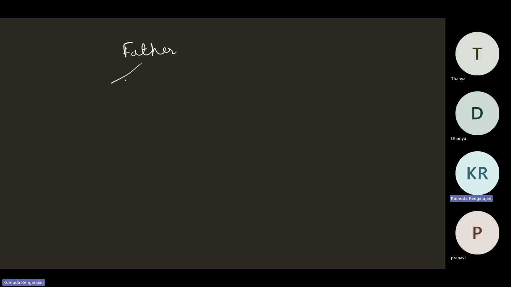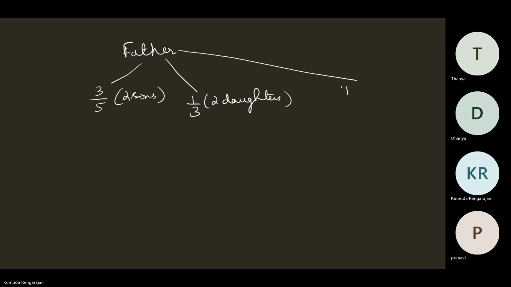He gives 3/5 to two sons equally. Then 1/3 to two daughters equally, and then the rest he gives to a trust.